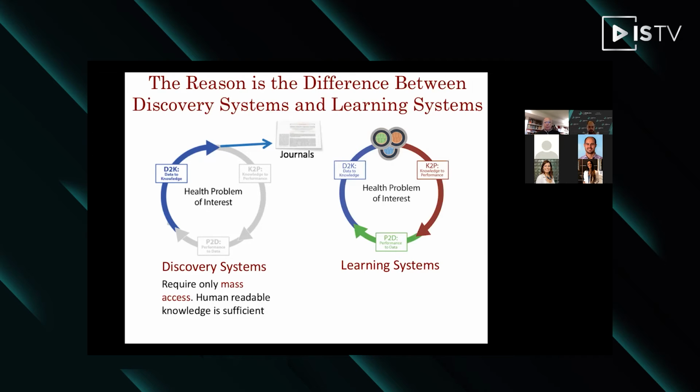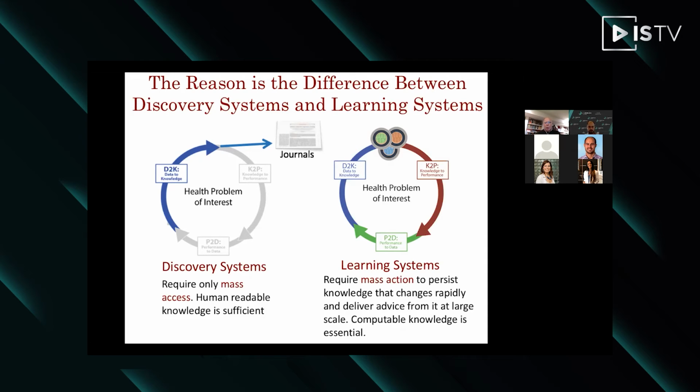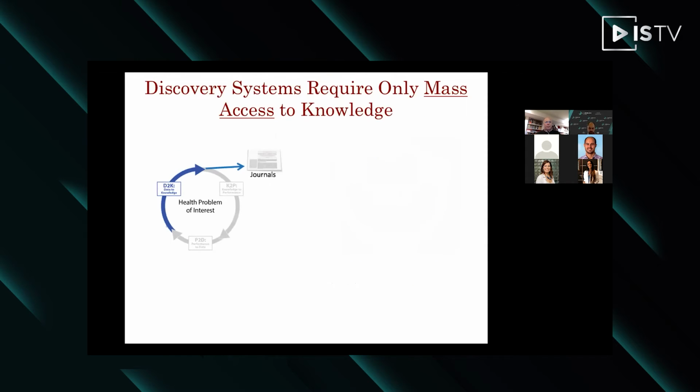Learning systems, by contrast, which close this cycle and do it routinely, require mass action, in contrast to mass access in the modern world, to persist knowledge that changes rapidly and deliver advice from it at large scale. And to do this, to put learning systems to work to engender widespread and general improvement in health, requires computable knowledge.